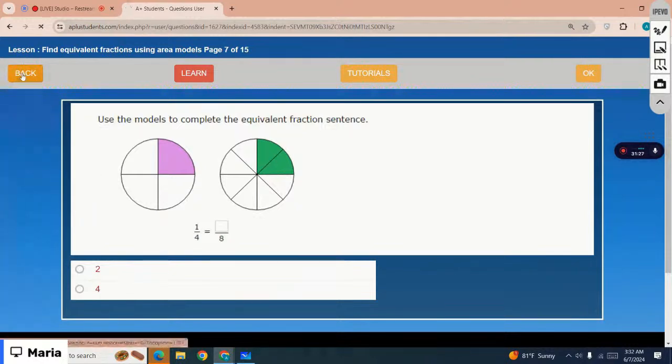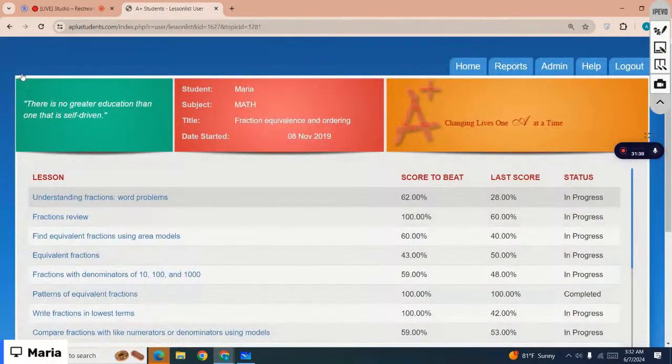And the next lesson is equivalent fractions. Let's just start with the lesson.